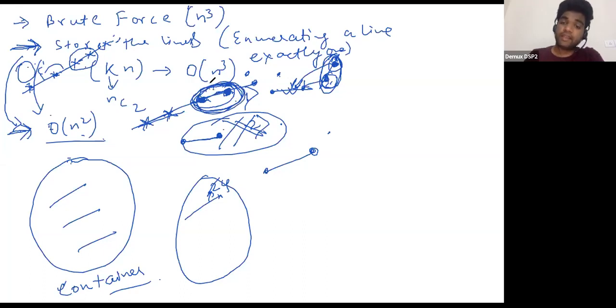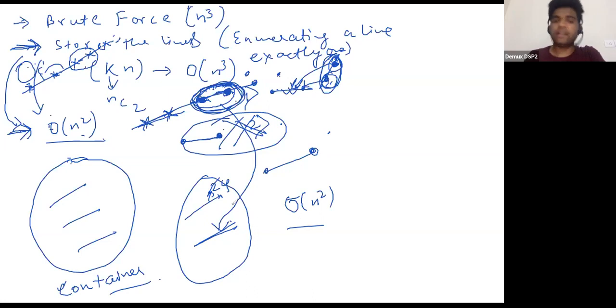And if you are enumerating a line which you have already enumerated, then you can simply increment the counter accordingly for this particular line. Correct? And then this will give you an order n square solution, because you are just enumerating every pair and looking up the container.